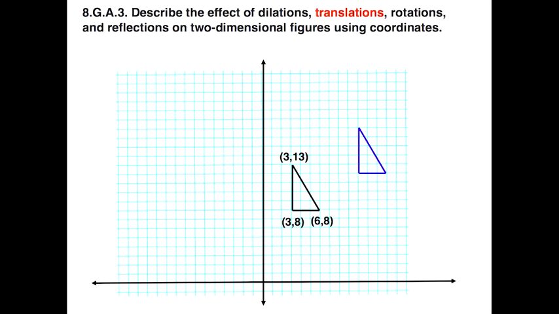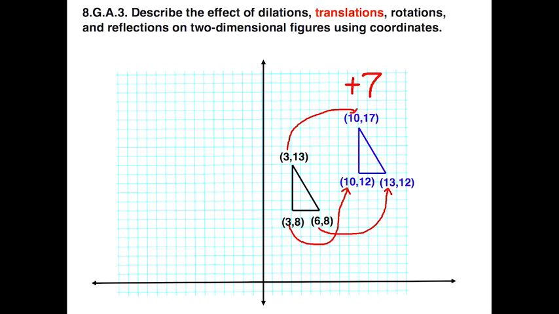So let's shift it, and this is where our new location is. Here are our new coordinates for each of the three vertices. Let's see what happens. If we look at all of the x coordinates and pair them up, we have 3 compared to 10, 6 compared to 13, and 3 compared to 10. It looks like there's a difference of 7.